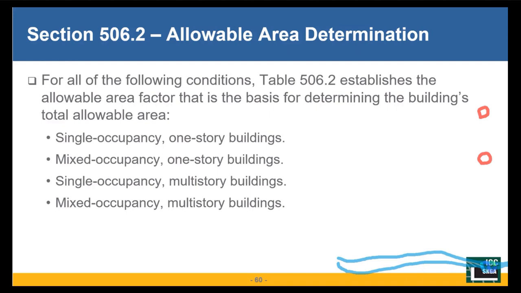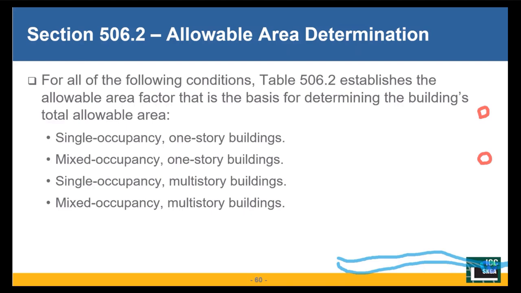Also, if the building is single occupancy versus mixed occupancy, how do you handle a mixed occupancy building? Because we saw in the table, the allowable area factor is based on occupancy, A, B, and so forth. So if you have a building, mainly business occupancy, and you have an A occupancy, so you have mixed occupancies.